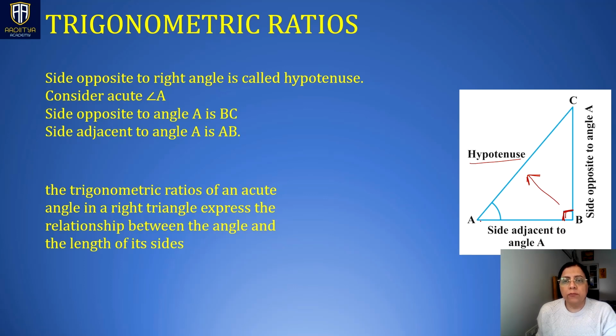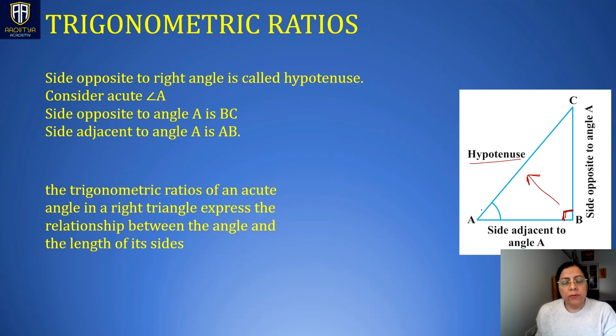Now we have two acute angles, angle A and angle C. First we have to decide regarding which angle we are going to take trigonometric ratios. The very first thing is to fix the acute angle for which we are taking trigonometric ratios, because according to the angle only we can define those ratios.